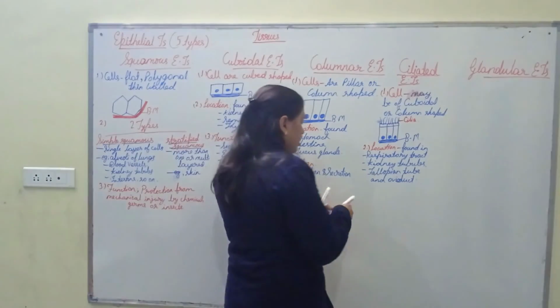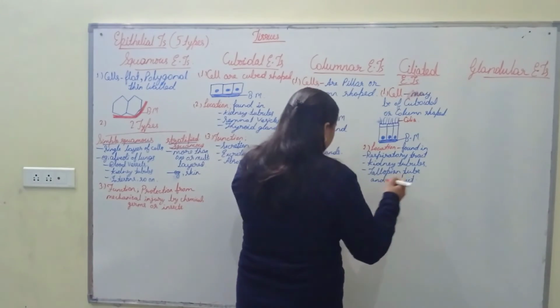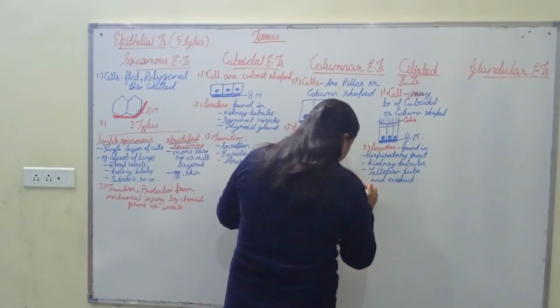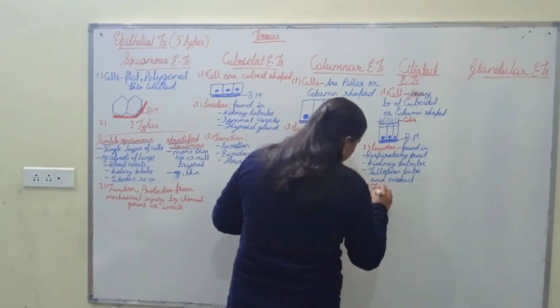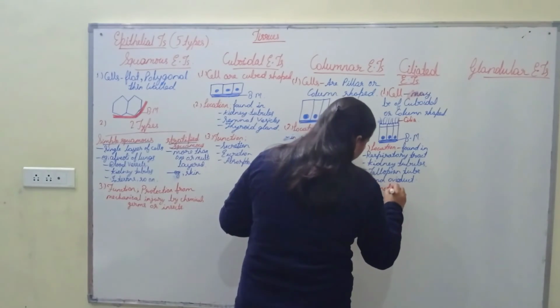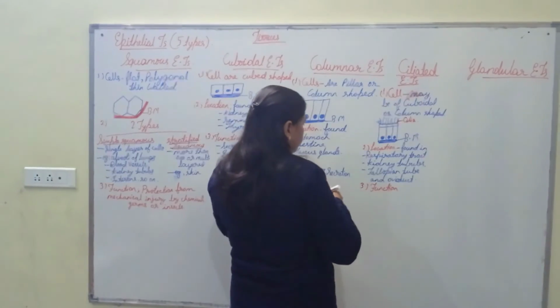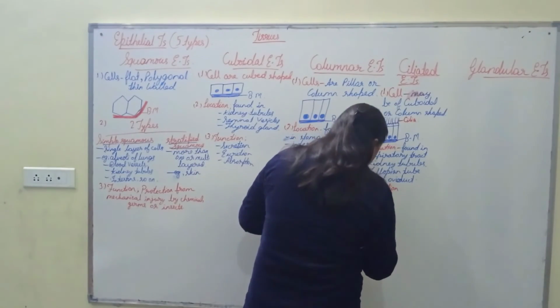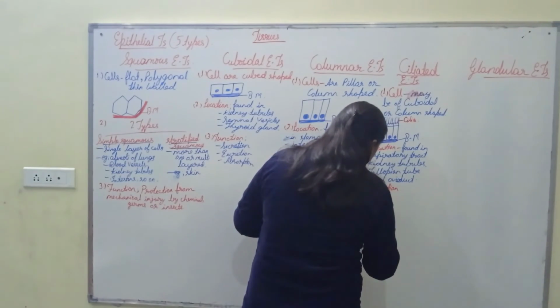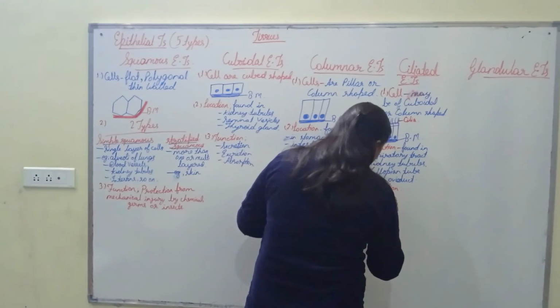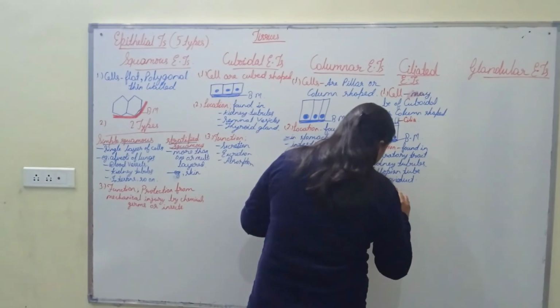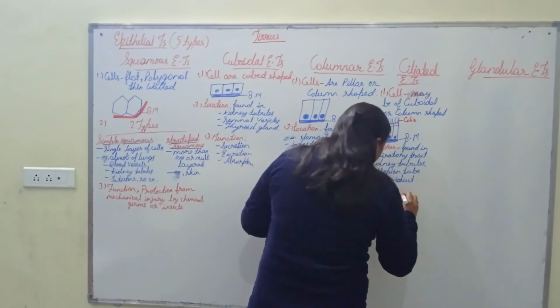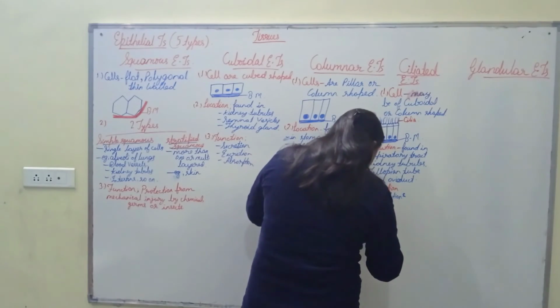Now the function of ciliated epithelium tissue is absorption, excretion.